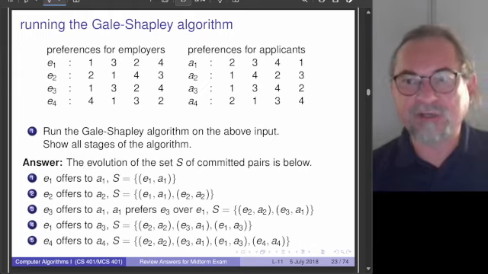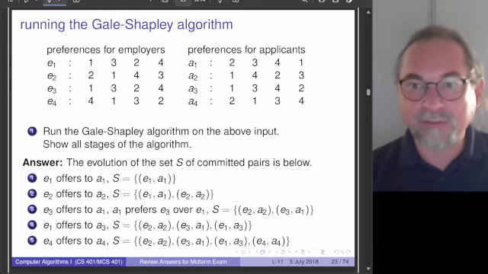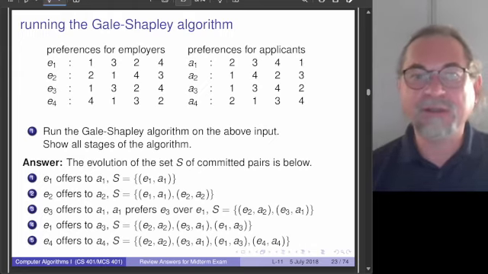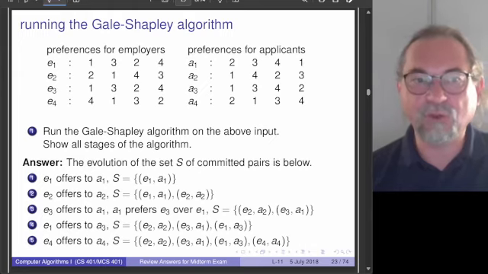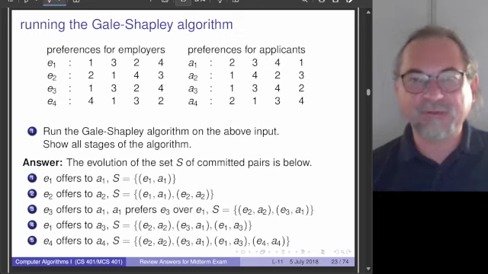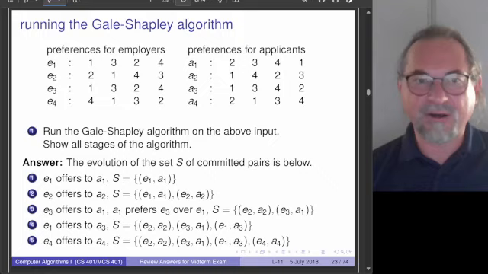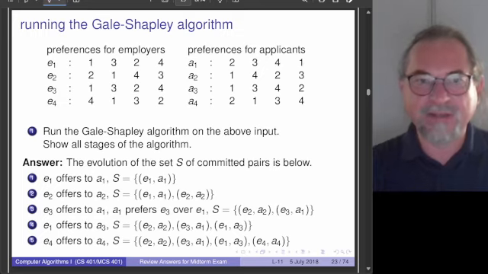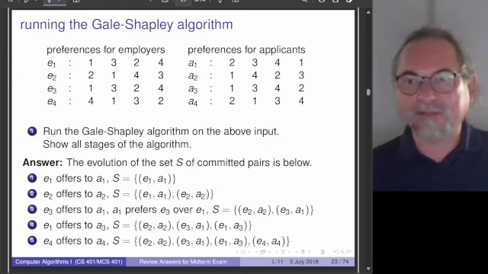The employers start to offer when they are uncommitted to an applicant, and the order in which this happens doesn't really matter. If it doesn't matter, you may as well use the ranking E1, E2, E3, E4. If you are interested in running this as quickly as possible, which we didn't consider, but you could take the case when you have an applicant that has an employer as its first choice and the employer has an applicant as its first choice.